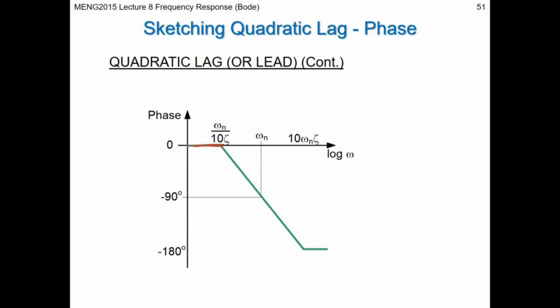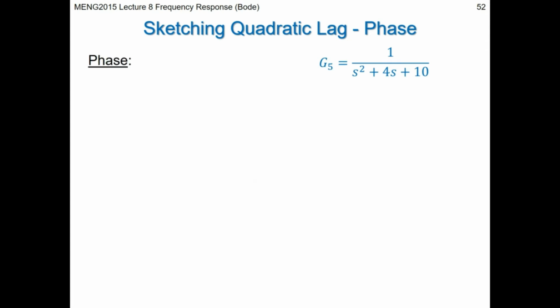But asymptotically, you have 0 phase up until omega n upon 10 zeta, and then above that you've got a line that comes straight down, going through minus 90 at omega n, the natural frequency, and continues down to minus 180 at about 10 omega n zeta. Right, so you've got key parameters on our curve.